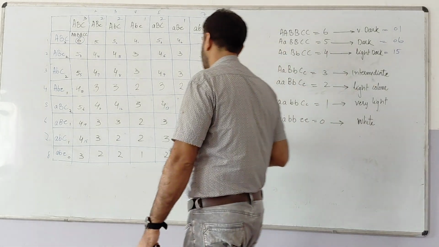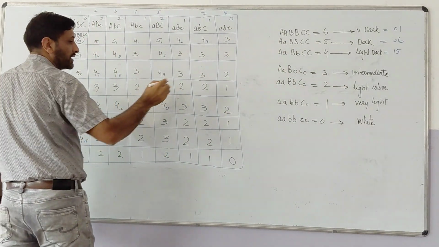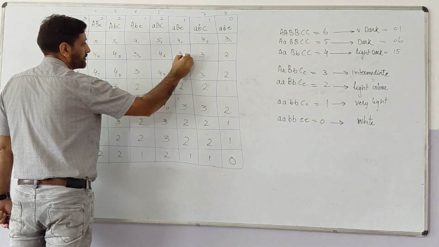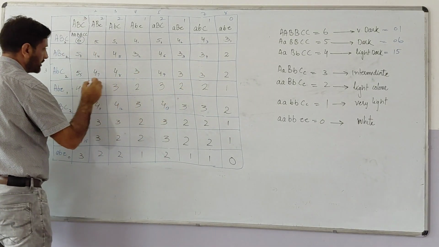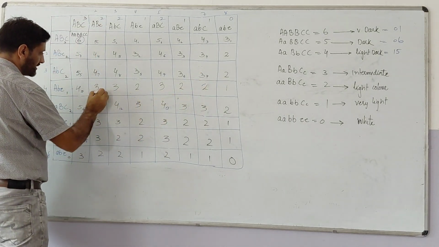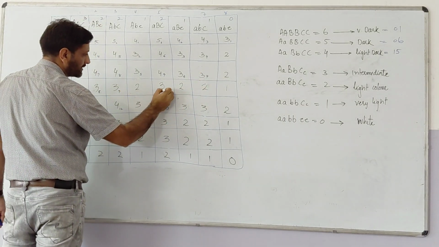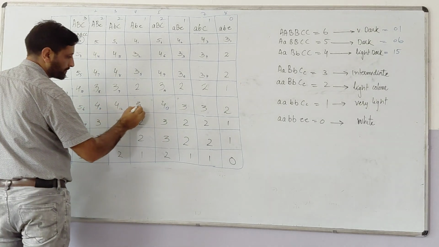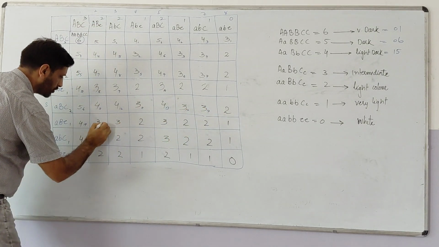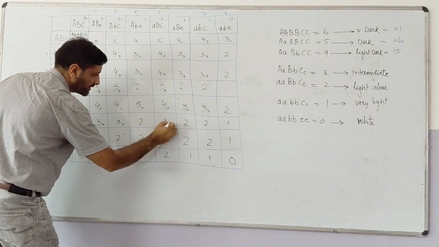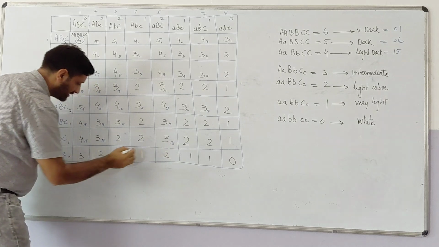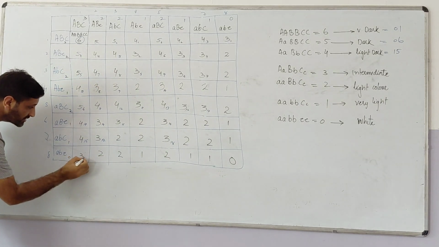Now coming to 3 alleles. If we see 3 alleles, this will be 1, 2, 3, 4, 5, 6, 7, 8, 9, 10, 11, 12, 13, 14, 15, 16, 17, 18, 19, 20.